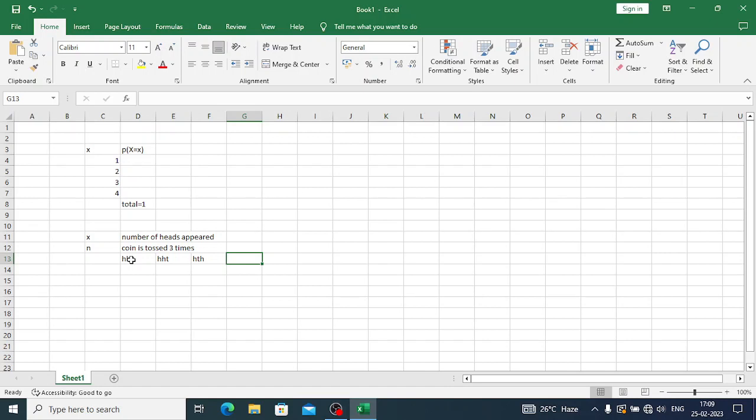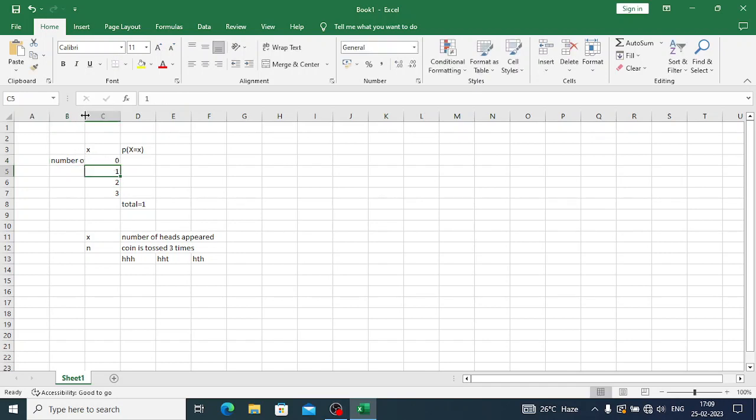That means X is equal to 0. Here I am going to write it as 0, 1, 2 and 3. That is the number of heads appeared.